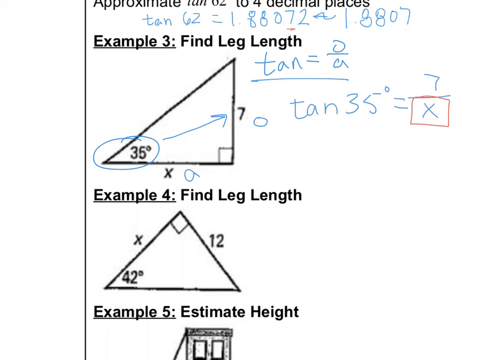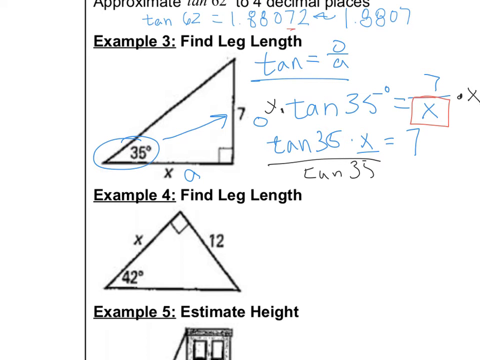Now to get x by itself, this is a little different here. That's 7 divided by x, so I need to multiply both sides by x first. So now we have tangent of 35 times x equals 7. Now how do you solve for x? These are being multiplied together, so we divide by tangent of 35.